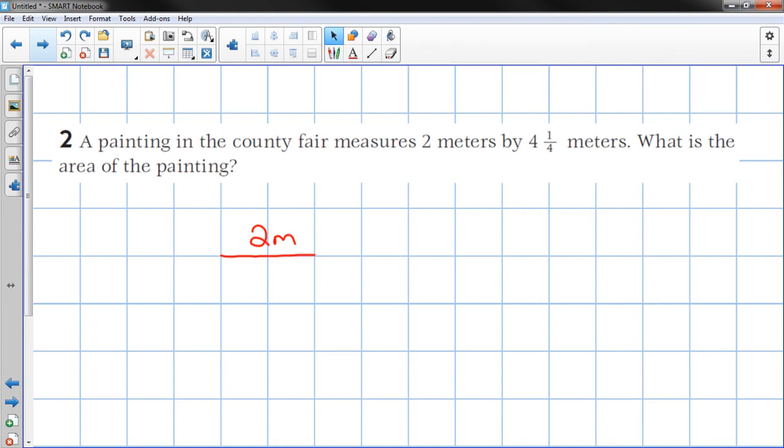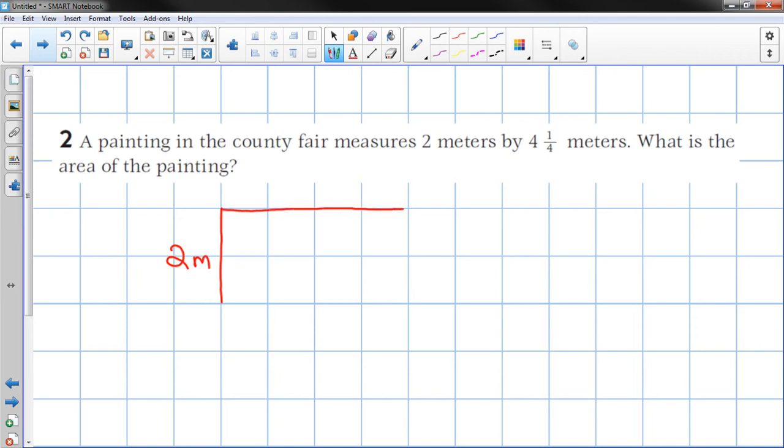I think I'm going to change my setup there for you at home. 2 meters by 4 1/4. 2, 3 1/4 there. 4, and this little piece is 1/4.